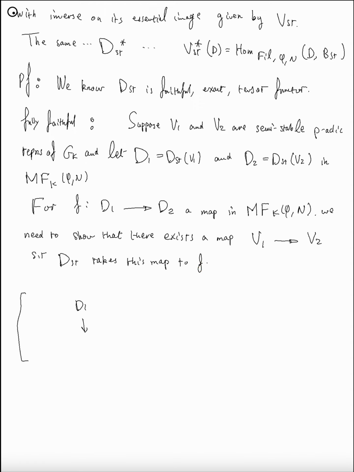So we have f on this side, and we have to show that there is such a map.